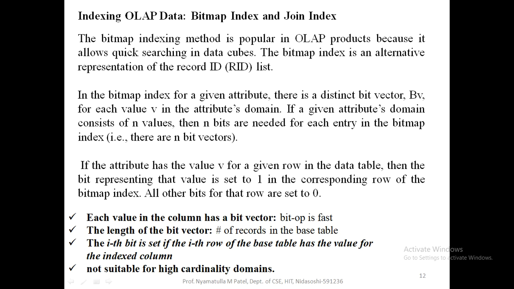The ith bit is set if the ith row of the base table has the value for the indexed column. The ith bit will be set equal to 1 only if the base table has the value for the indexed column. This is not suitable for high cardinality domains. High cardinality values are not preferred.